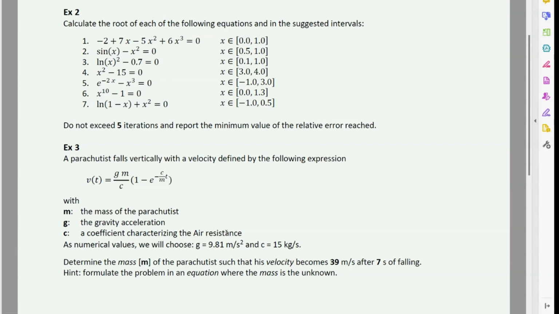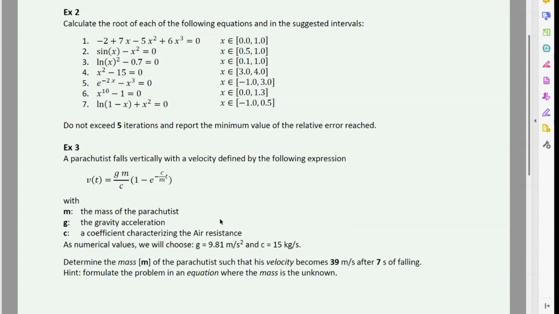It's an empirical coefficient obtained by experiments. As numerical values, we'll choose g equal 9.81 meter per second squared, and c equals 15 kilogram per second.